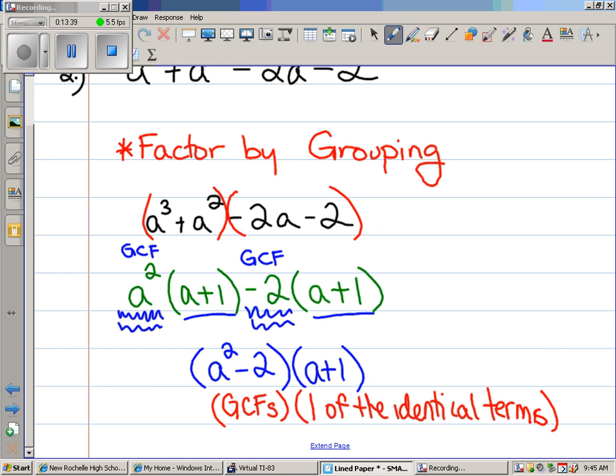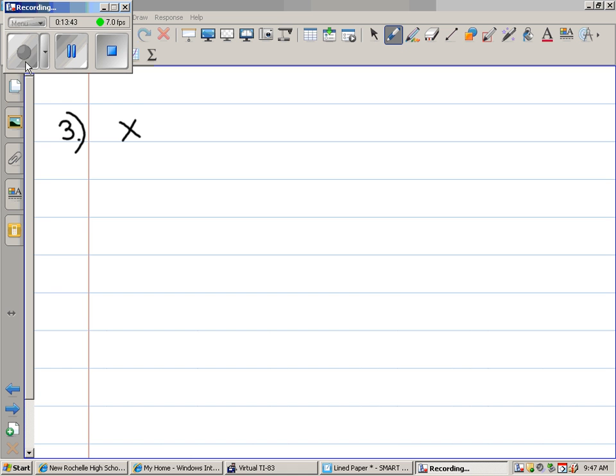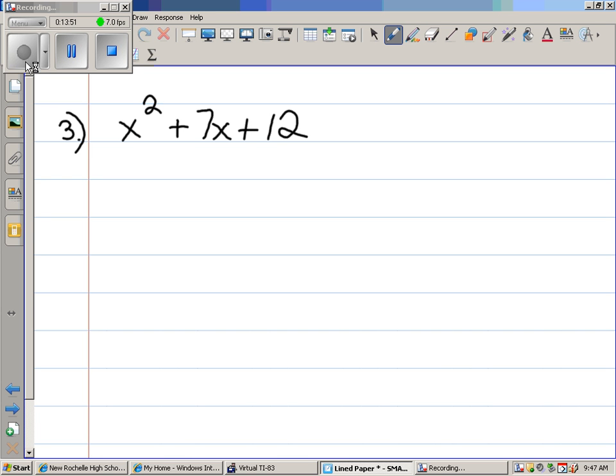Here, let's give you more of what you're going to see over the next coming days. x squared plus 7x plus 12. Do you remember how to do this? We have to find 2 things. First of all, is there a GCF? Is there anything these have in common? No. These are the easy ones.